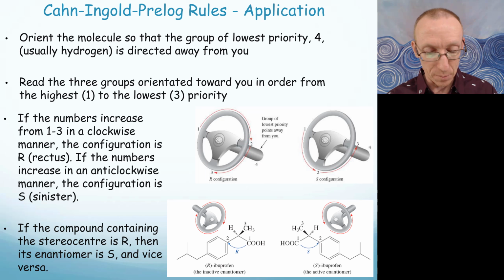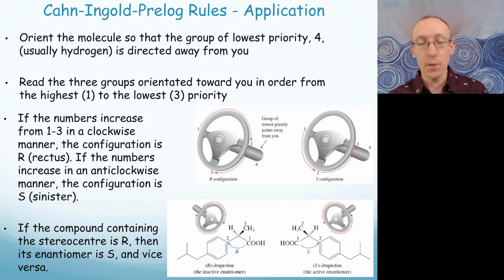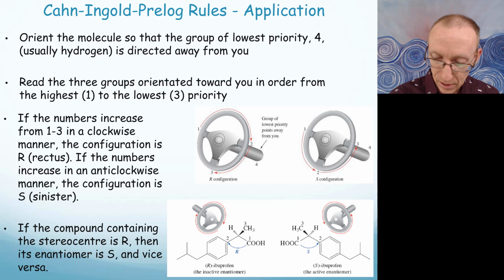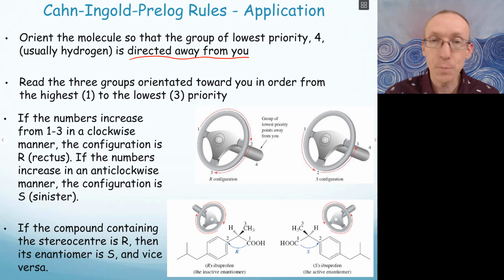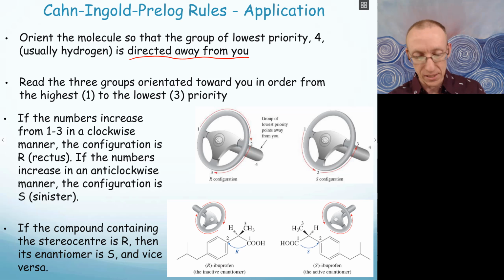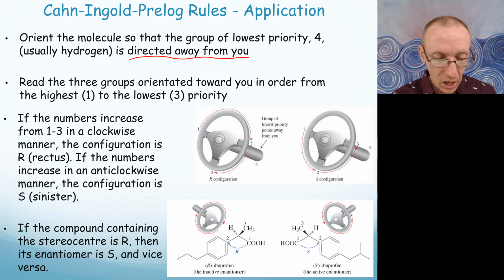Once we've determined the priority of the groups, what we do is we put the lowest priority group away from us. So it's really important that we direct the lowest priority group so it's pointing away from us and into the distance. We then look at the remaining three groups and orient them in a way that they go from highest to lowest, 1, 2 to 3.